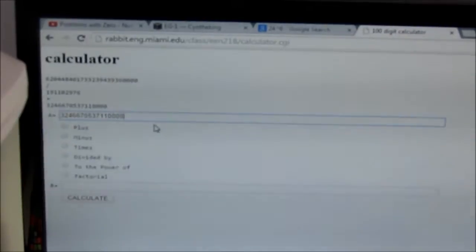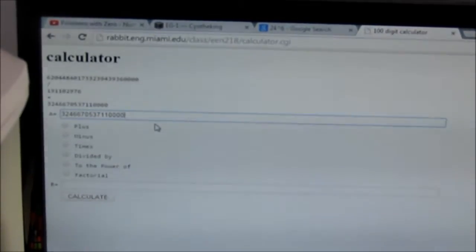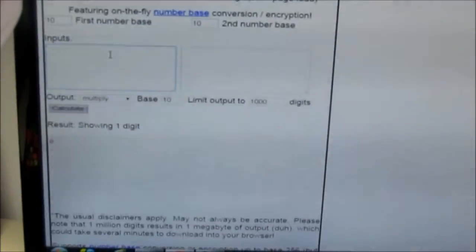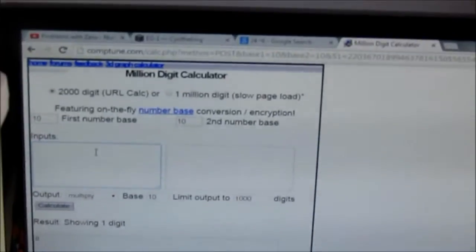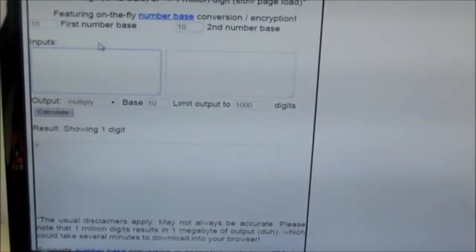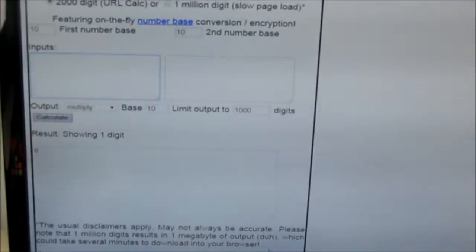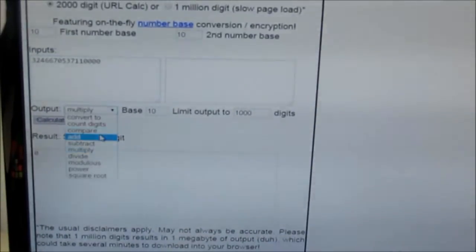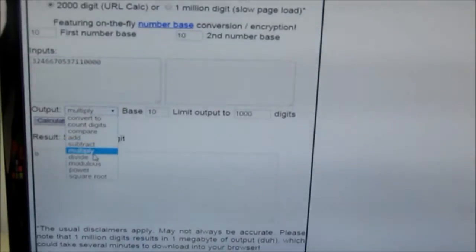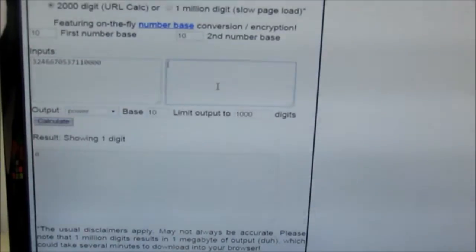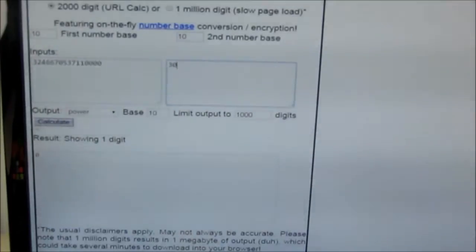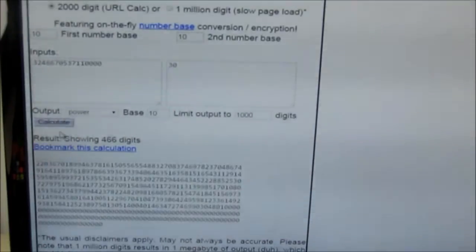So we now need another calculator to do the next step, take that to the power 30. So here's the new calculator. This is a 2000 digit calculator. So I'm going to take this number, which is that giant number that you just saw, and take that to the power of 30, because there's 30 different types of center pieces.